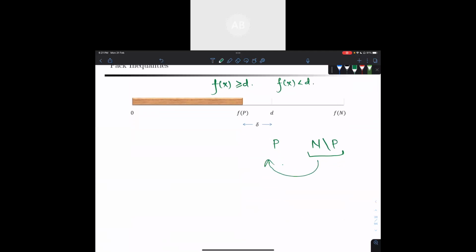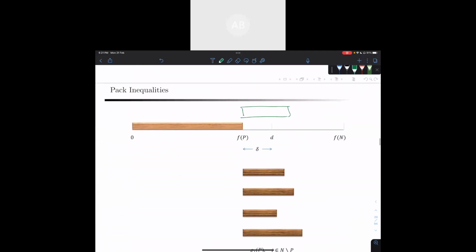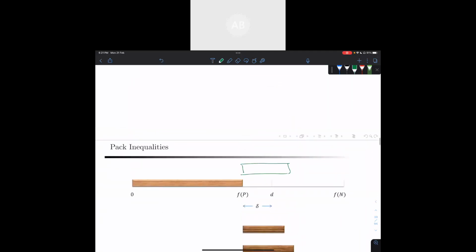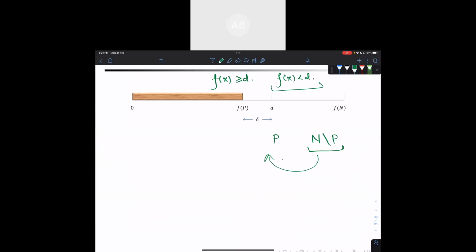So for a pack, f is less than d, you add anything to it, and it becomes a feasible solution. It satisfies f of x greater than or equal to d. Anywhere here, we did not use the submodularity aspect of the function. We just used the monotonicity argument, the fact that they were non-decreasing or non-increasing.